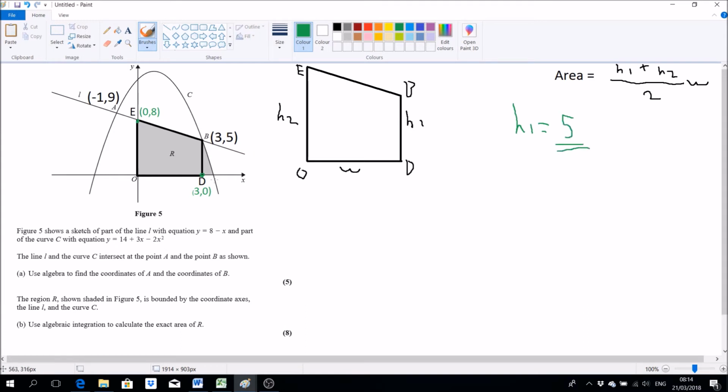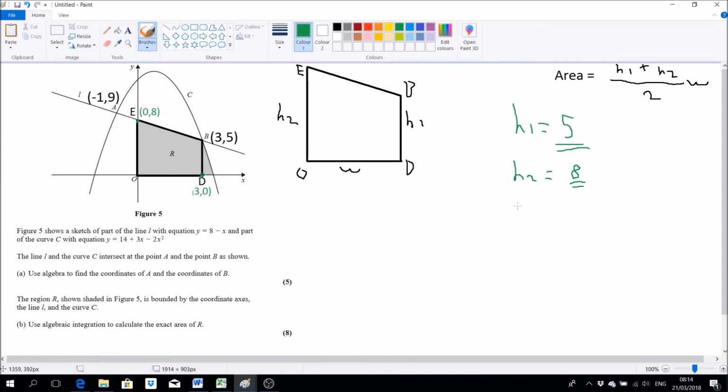BD is just 5, because the square root of (3 minus 3) squared plus (5 minus 0) squared should give you 5. H2 is equal to 8. I know this because E to the origin is just 8.